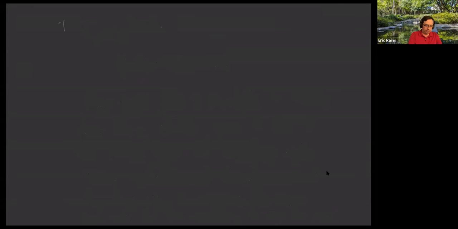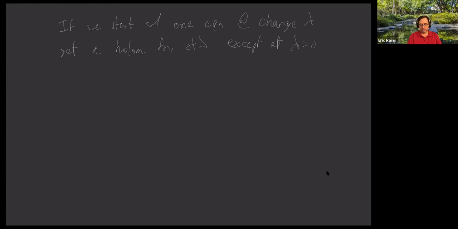So if we start with one particular choice of equation and then change lambda, we get a holomorphic function of lambda, except at 0, 1, and infinity, because when 2 of our singularities come together, that actually does break the fundamental group.